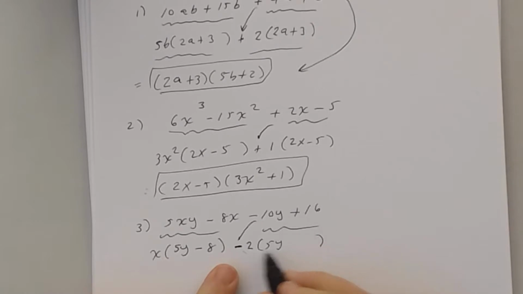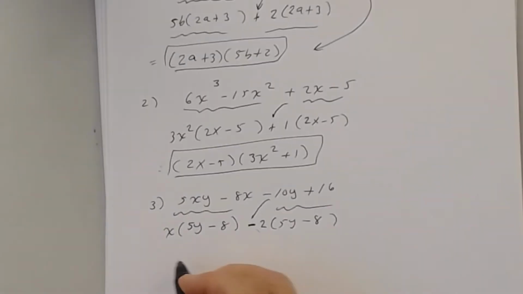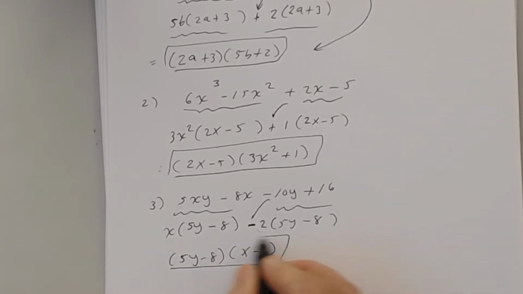Negative 2 times what is a positive 16? Positive 8 does not work. Negative 8, because a negative times a negative is a positive. If you're doing this correctly, those two better be the same. So what's the answer? 5y minus 8 times x minus 2. There's your answer.